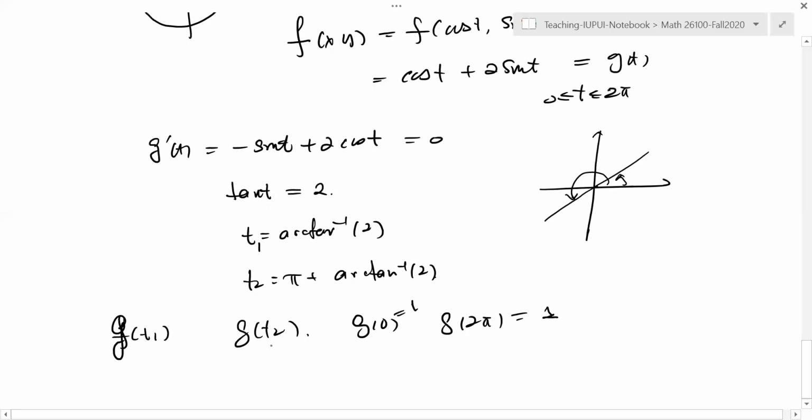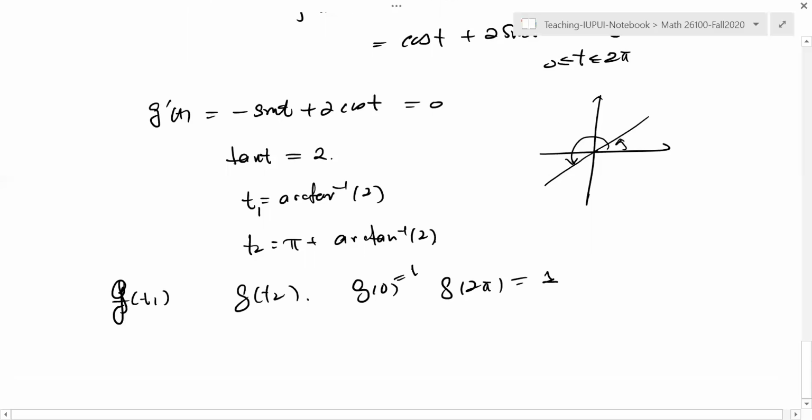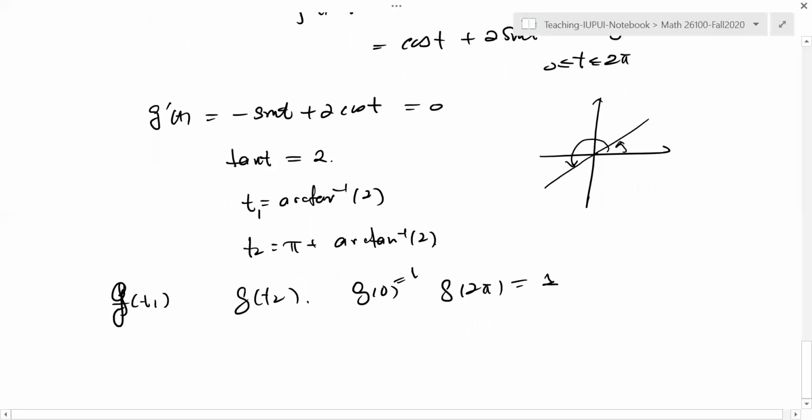But G(t1), maybe it's not easy to find out. How do you do that? So this is t1, the smaller angle, right? Tangent equals 2, that's a 2, here's a 1. So the hypotenuse will be square root of 5.